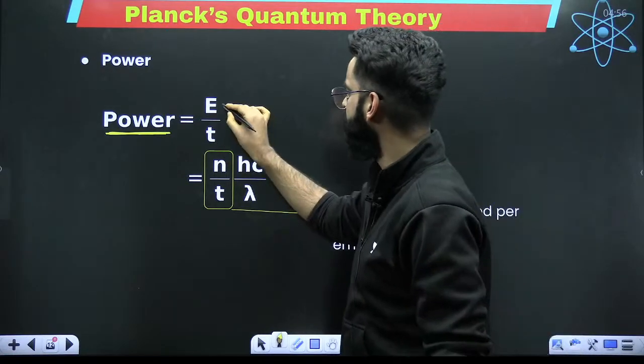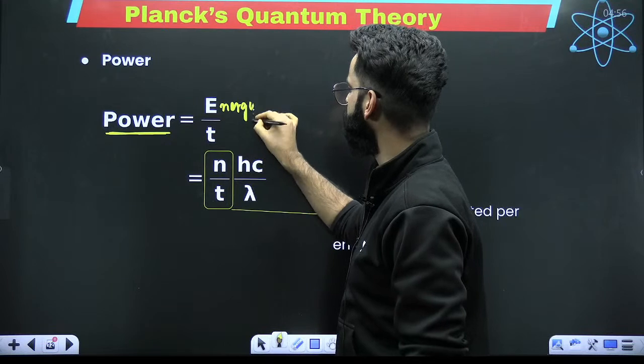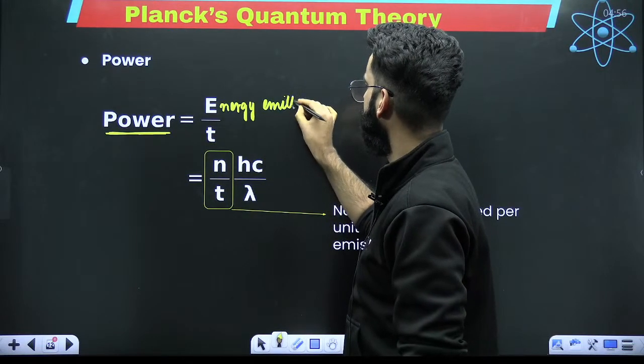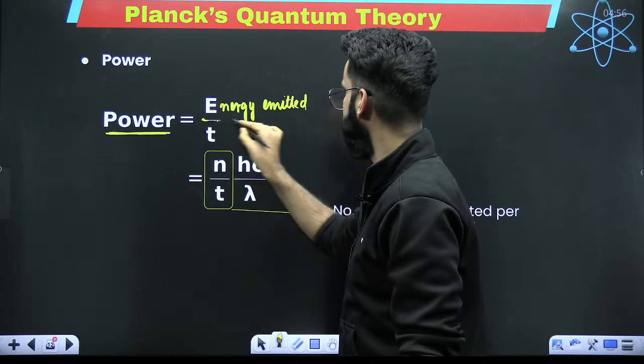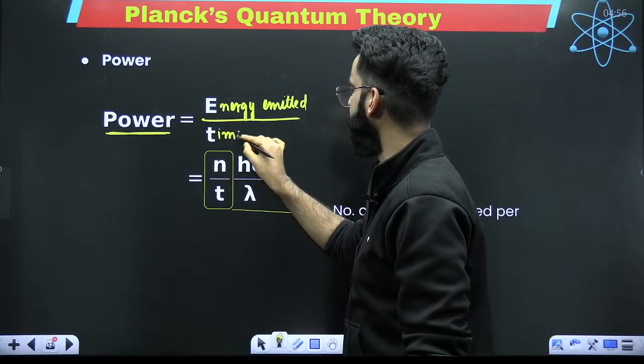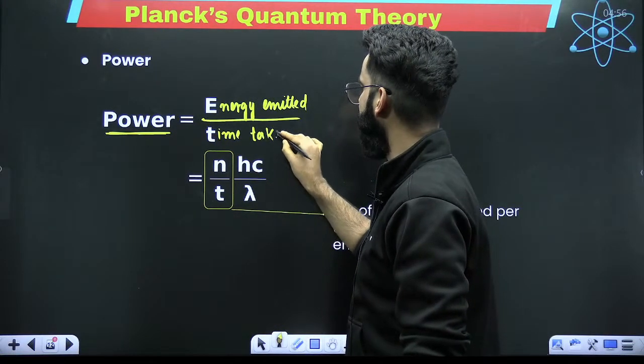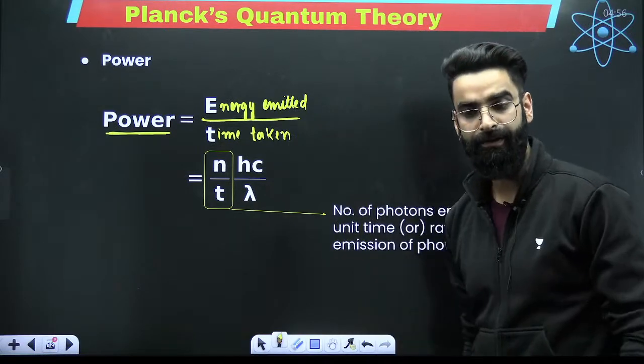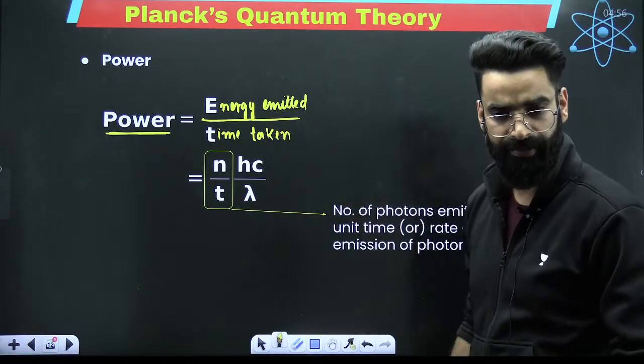Power is equal to energy emitted by the source divided by time taken.